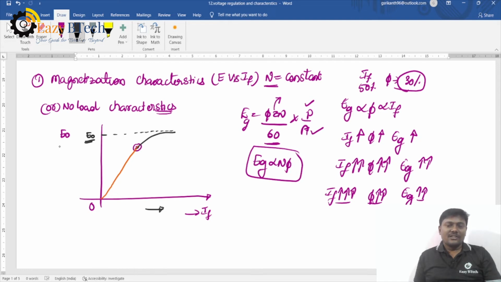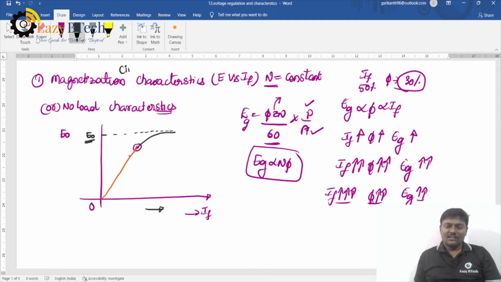We are observing what is also called the internal characteristics, but these are the open circuit characteristics. Yes, open circuit characteristics.